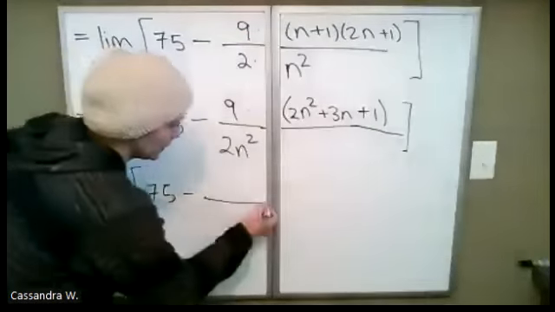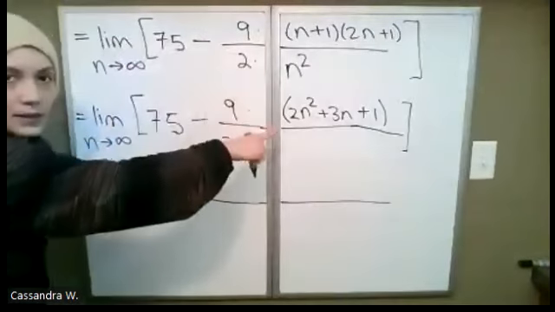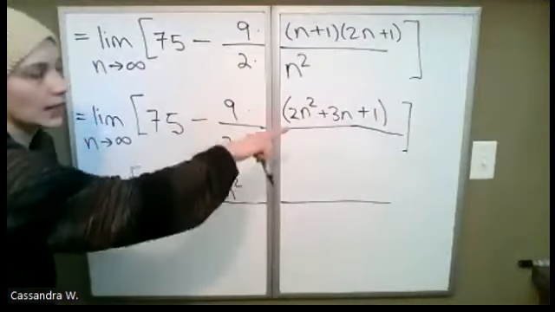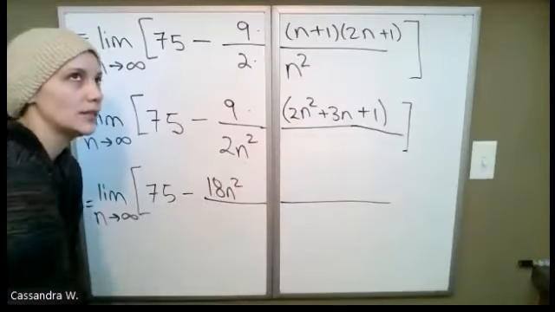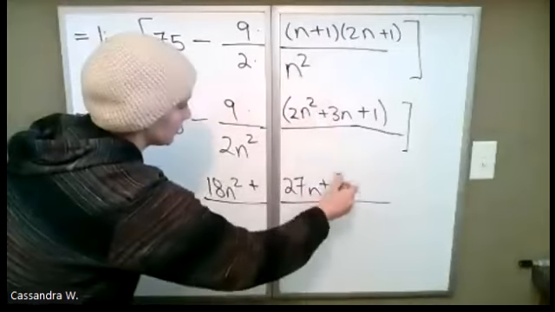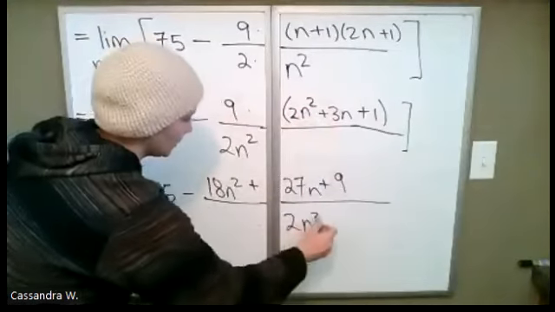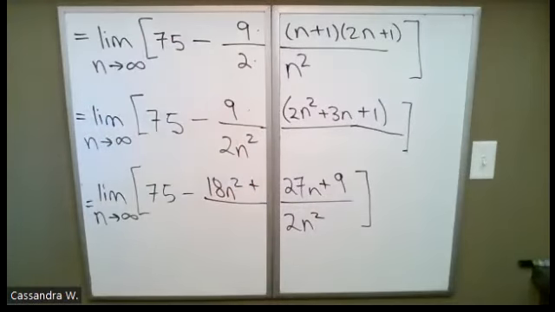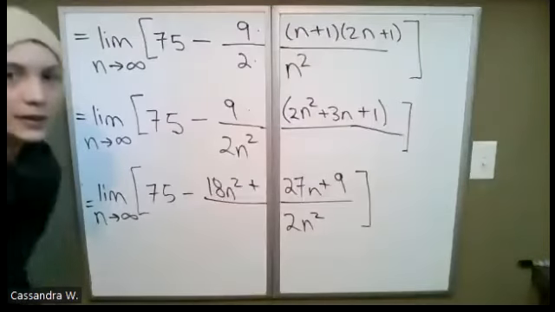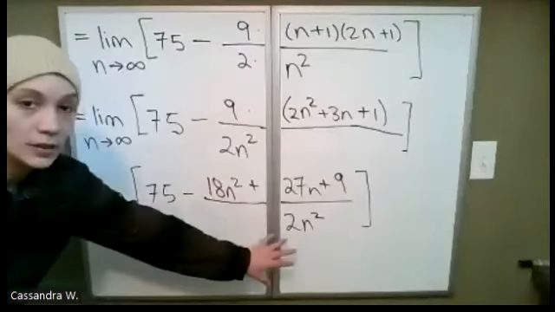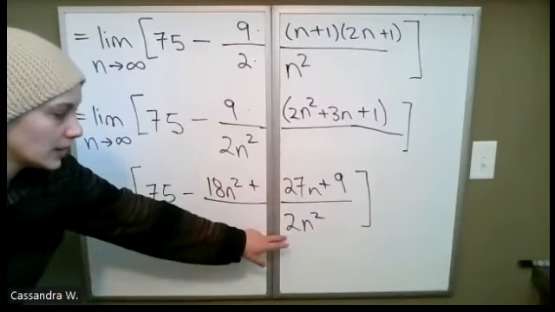Let's just do this first: 18n squared, add 37n, 27n, plus 9, over 2n squared. And again, I want to break this up with 18n squared over the 2n squared, and then the 27n over that, 9 over that.